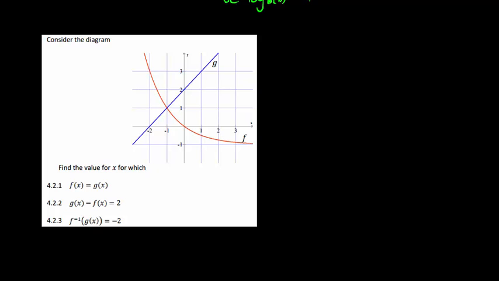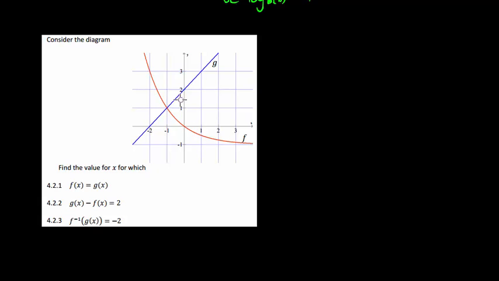What does f(x) represent, x values or y values? Y values. So we want the y value for f to equal the y value for g. Does that make sense? Now what x value will have these two have the same y value?